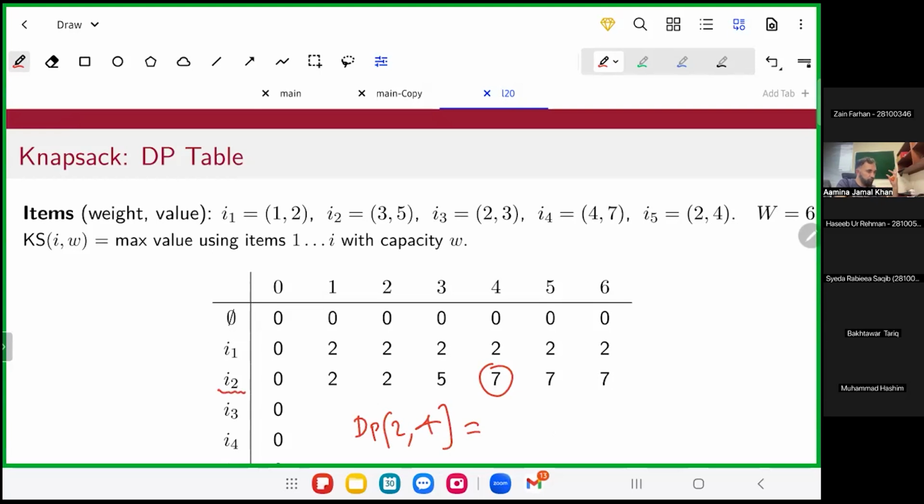If you pick item 2, your value is going to be 5 plus dp of 2 minus 1, which is 1, and your capacity is going to be 4 minus the weight of the second item, which is 3. Okay, it's 1, right? So dp of 1 comma 1 is 2. So this 7 is basically 5 plus 2. I hope that's clear.